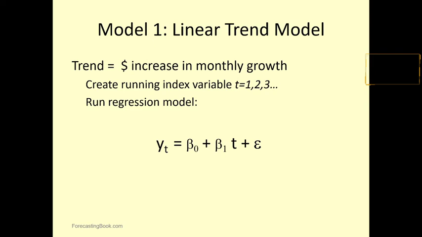So this is the first model that we are going to study here. This is the basic linear regression model, the linear trend model. The trend is the increase in monthly growth, and we are going to create a running index variable which is, in time t, 1, 2, and 3.